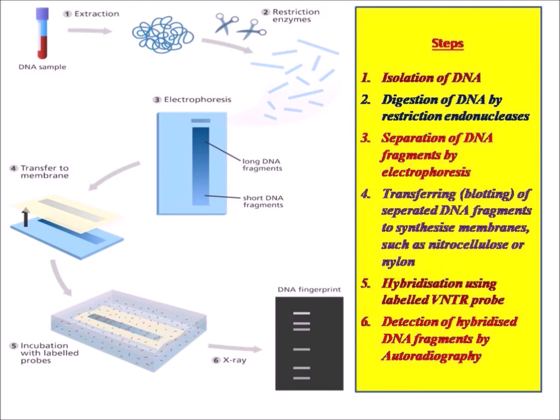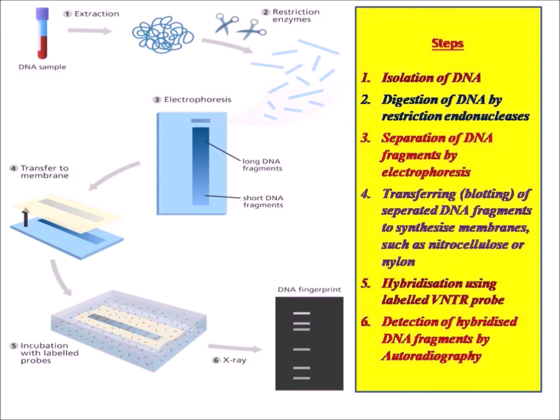That means a radioactively labeled complementary sequence of the VNTR region nucleotide sequence. This technique of transferring and hybridizing DNA onto a nitrocellulose membrane is known as Southern blotting, the most widely used DNA detection technique by molecular biologists.